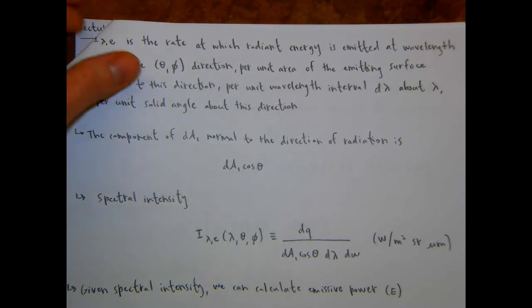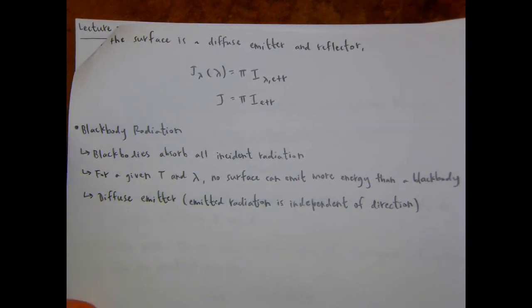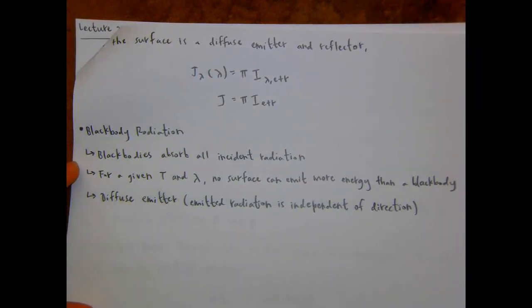And then finally we said to actually calculate any of these fluxes, the emission, irradiation, radiosity, we need to know what the spectral intensity is. And to calculate that, we use the concept of a black body. So we just started talking about black bodies and wrote down a few properties of black body radiation. Black bodies absorb all incident radiation. For a given temperature and given wavelength, no surface can emit more energy than a black body.